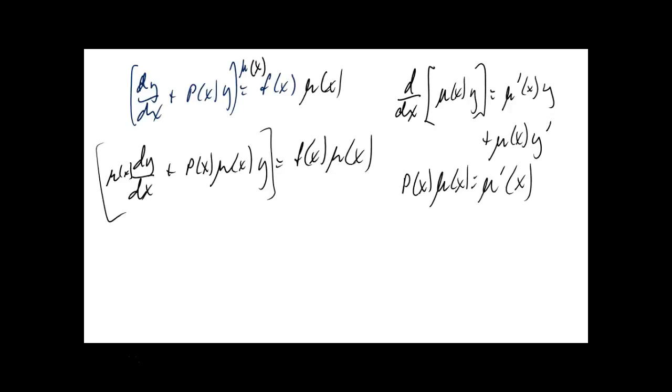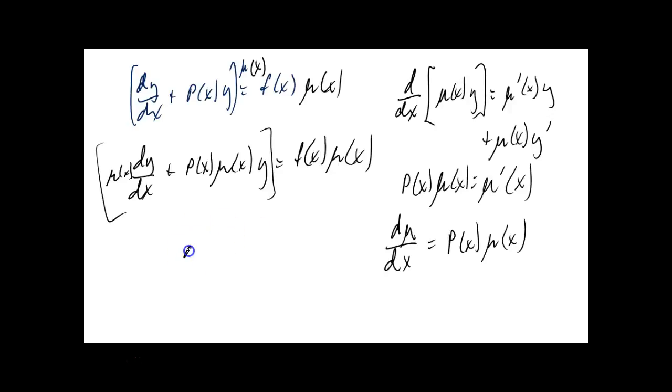Now let's write this as d mu/dx is equal to P of x mu of x. Now, this is separable by variables.